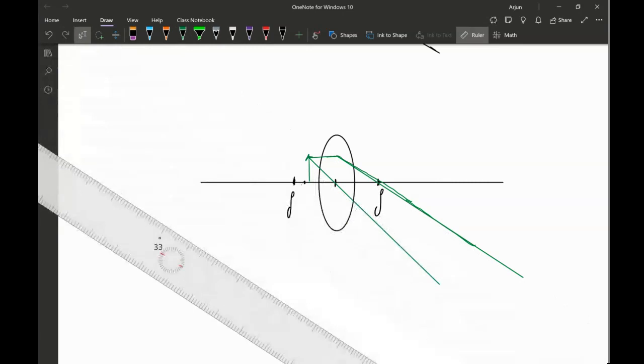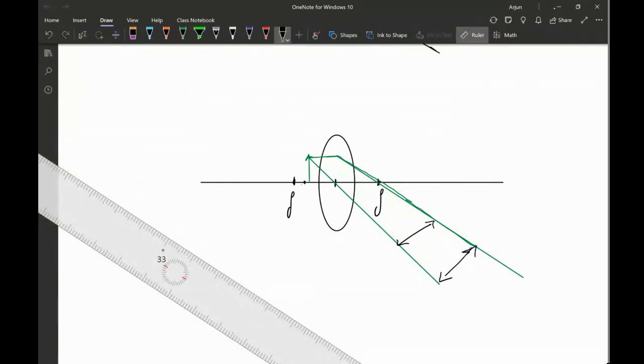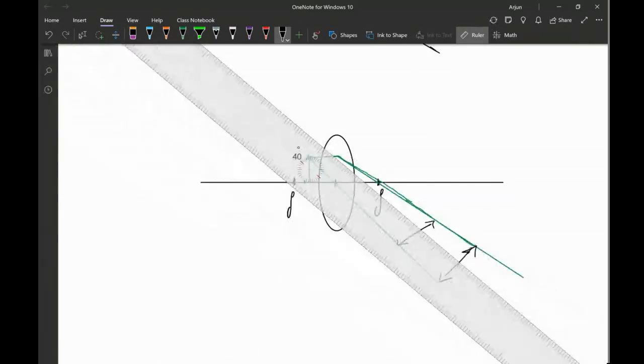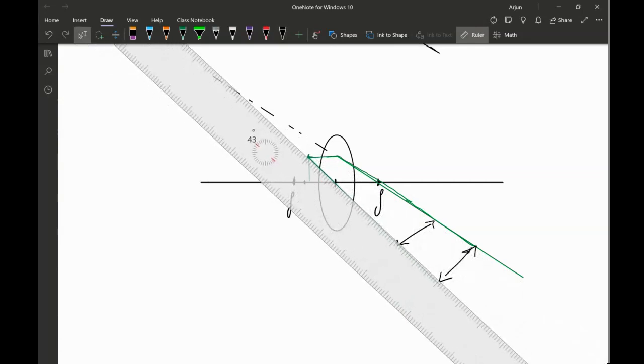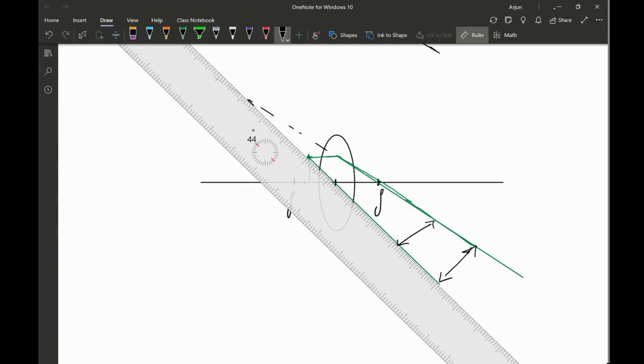So here the gap keeps on increasing. So these two rays will never meet each other. But if the gap is increasing on this side, on the other side the gap will reduce. So this is this ray. If I extend it on the other side, this dotted line is the extension on the other side. So where these two rays meet, I'll draw the image at that point.